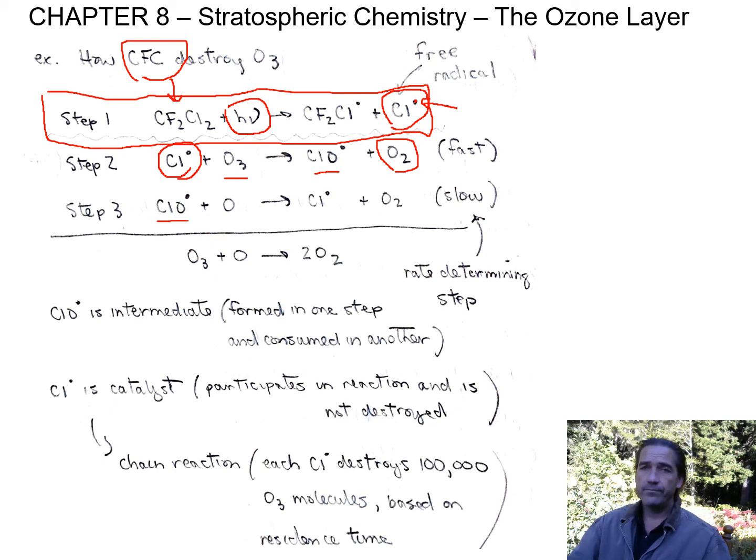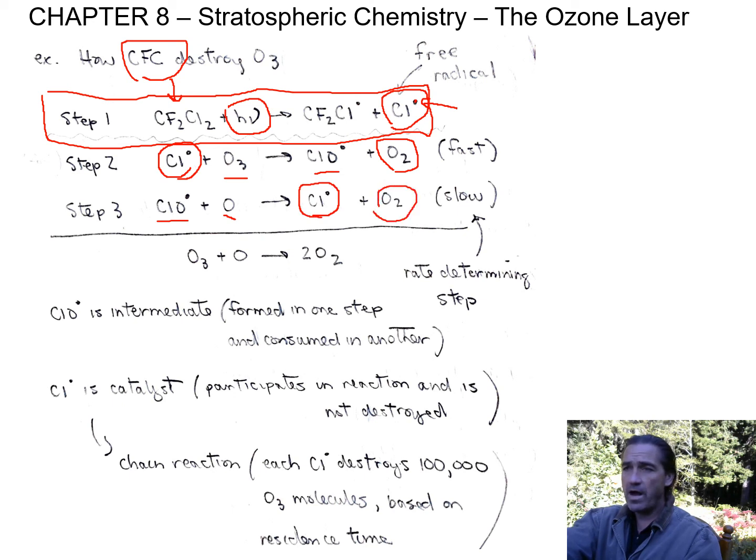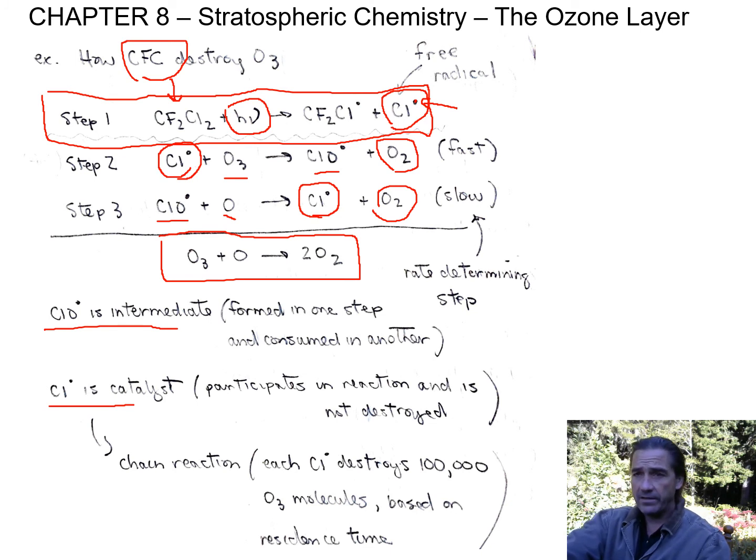The intermediate, which is very reactive, reacts with oxygen atoms in the stratosphere to reform the catalyst, and we get more oxygen. So we get an overall reaction showing, again, the destruction of the ozone. So we have our intermediate, we have our catalyst.